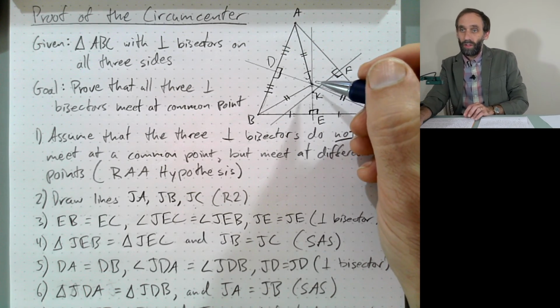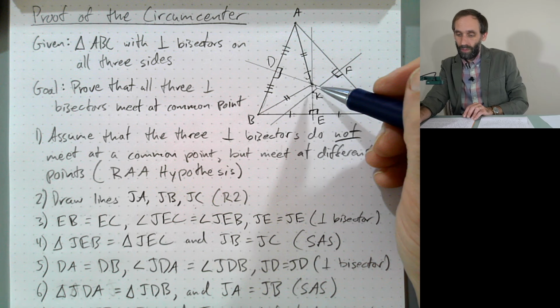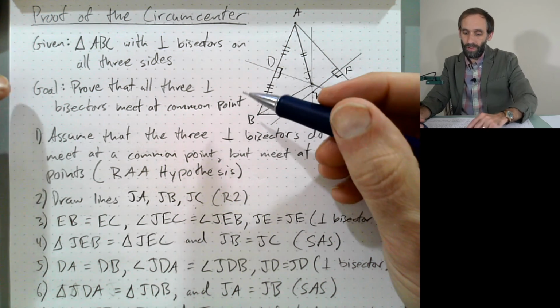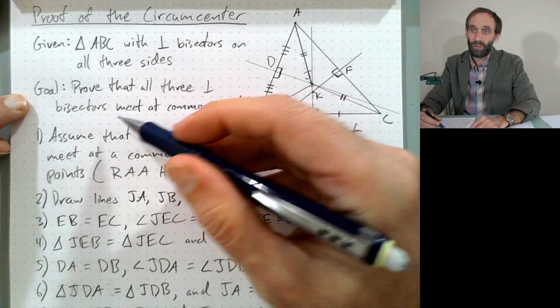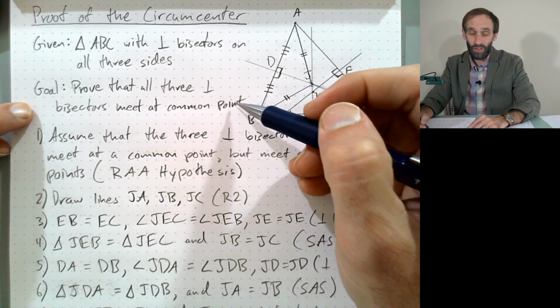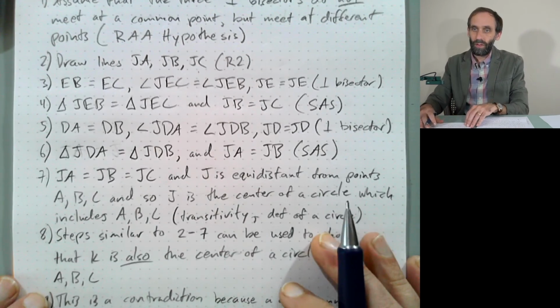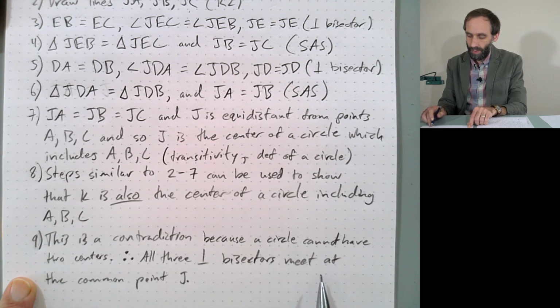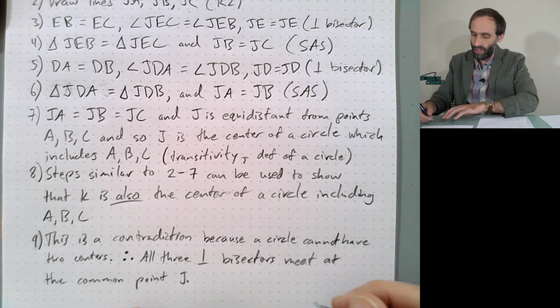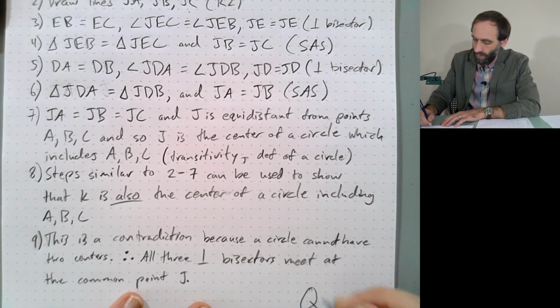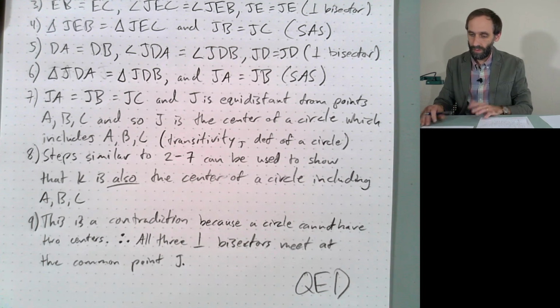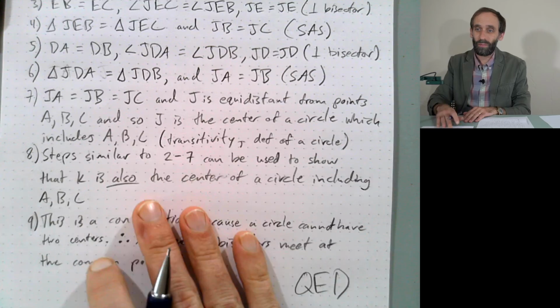So because all three perpendicular bisectors meet at the common point J, that right there is my goal. My goal is to prove all three perpendicular bisectors meet at a common point. Here we go to the bottom. We see that we've proven it. All three perpendicular bisectors meet at the common point J. And so I'll go ahead and write that QED, signifying that I'm done with the proof.